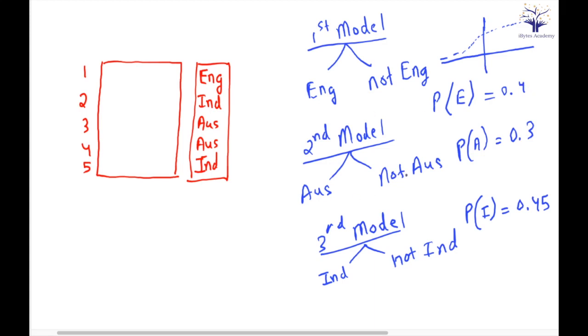As per model 2, probability of Australia winning is 0.3 and probability of someone else winning is 0.7. Similarly, in model 3, probability of India winning is 0.45 and probability of someone else winning is 0.55. Okay, so from these models, we can see probability of India winning comes out to be highest. So we are going to predict that this tournament will be won by India, right? So I hope this is clear.